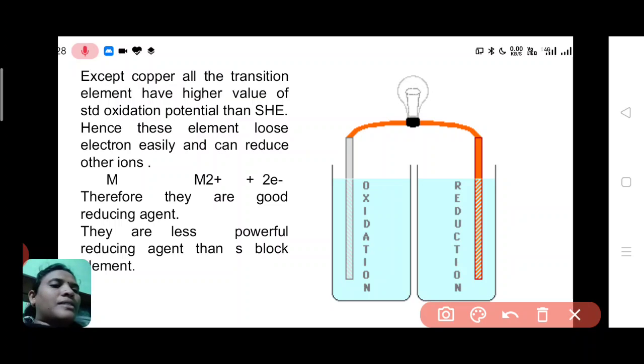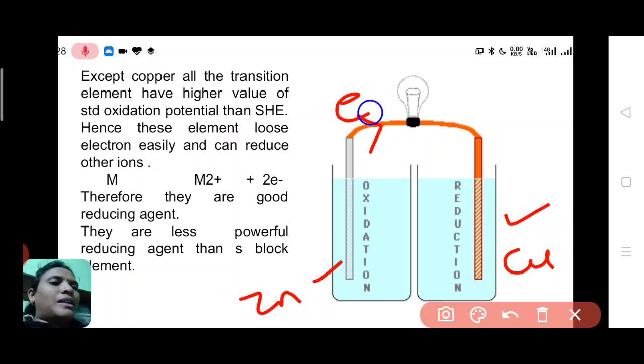See here, consider this is zinc, that is another metal except copper, and this one is copper. So copper shows a reduction reaction and zinc shows an oxidation reaction. Oxidation means it can give electrons, lose electrons, and copper is accepting these electrons.